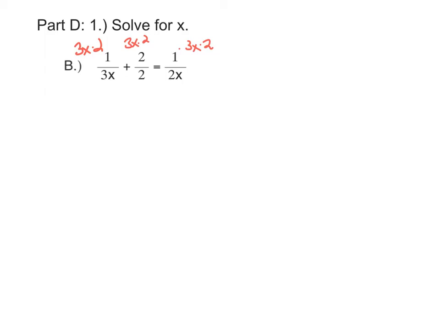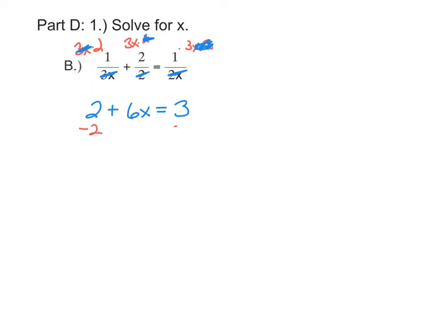But we can cancel these denominators, like 3x is canceling with 3x. This 2 will cancel with this 2. And 2x will cancel with the 2 and the x. So our equation has turned into 2 times 1 plus 3x times 2 is equal to 1 times 3. A much simpler equation to solve.